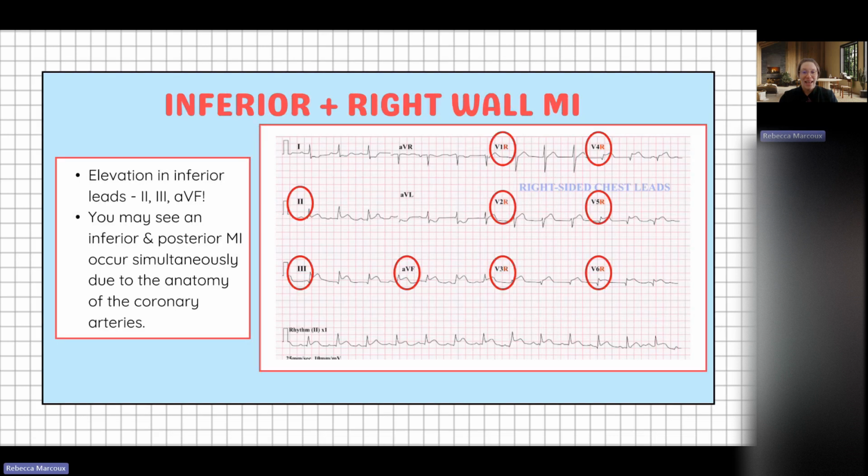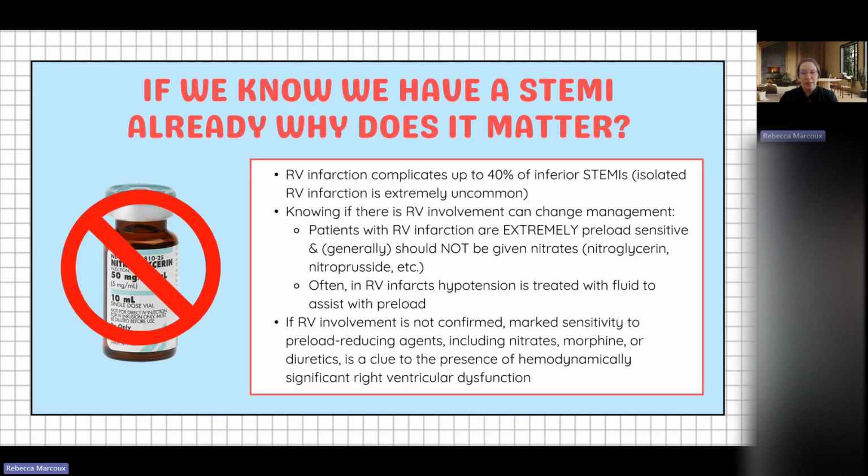Okay. And then this question comes up sometimes, so I always like to chat about this: if we already know the patient's having an inferior STEMI, why does it matter if we know whether the right ventricle is involved or not? The short of it is management differs a little bit for right-sided involvement.